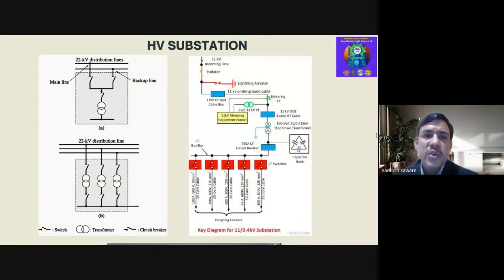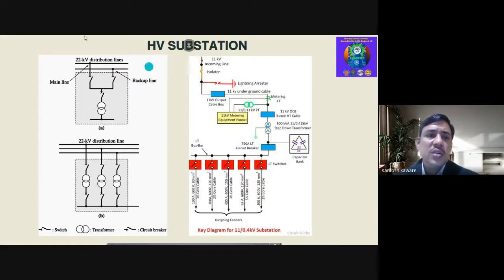So whenever we talk about a high voltage substation, the arrangement is like this. There may be a single bus. Generally a single bus arrangement is used because these are not much more important substations compared to the EHV substation. So generally a single bus system can be adopted.